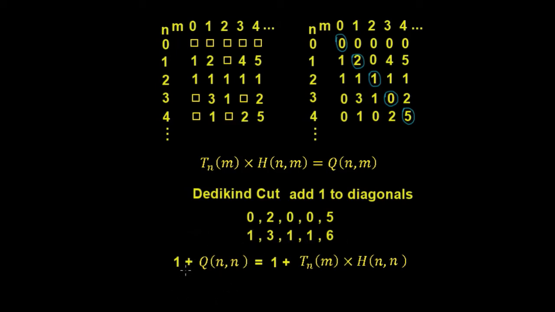We would have the value of 1, because I add 1 on, to the Q n,n. It's n,n because we're only taking the nth by the nth value, so that's the diagonal. So that's going to equal 1 plus T n,n times H n,n. Okay, so this multiplication makes sure that the diagonal entries that would have had a box actually now have a 0. So let's continue with this on the next page.